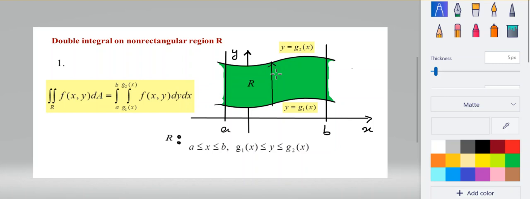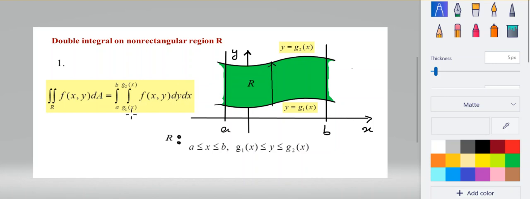So if the region R is described like this, the integral of f x y on R equals the integral of f dy dx. It means first with respect to y, then with respect to x.